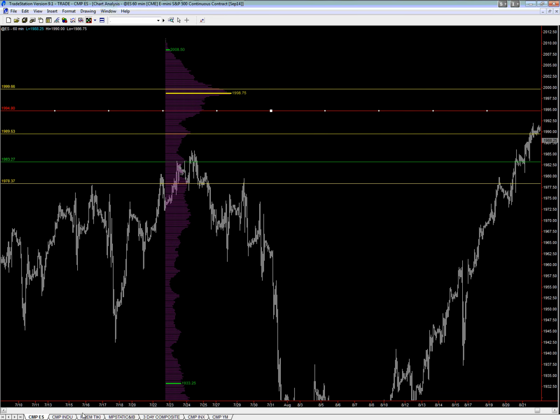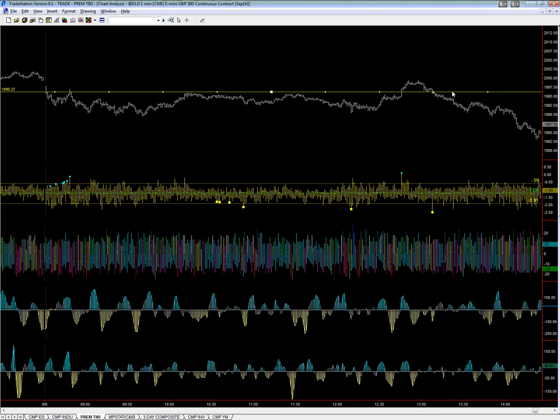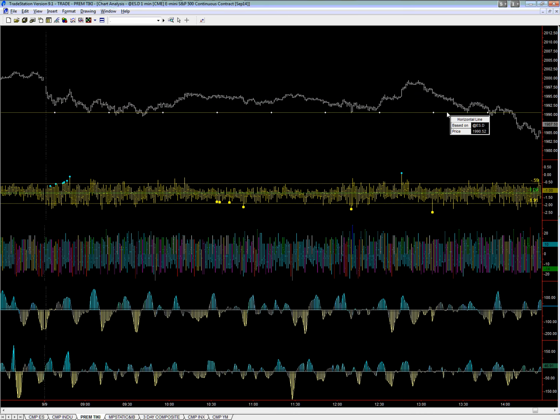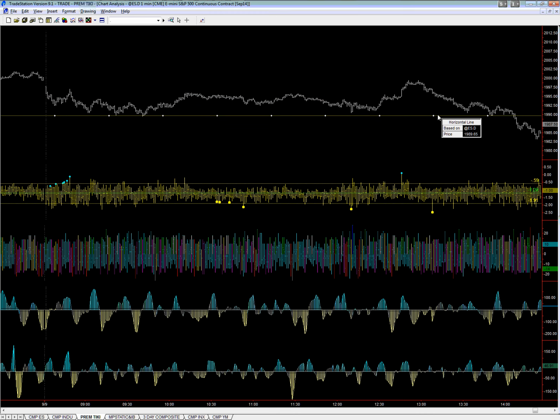What actually took place? When the market dropped, the first area where it really, well, it didn't spend a lot of time in here. It dropped right through that area of 95. Nothing at all took place there. Found a little bit of buying at around 89, right where it was at the early morning low.